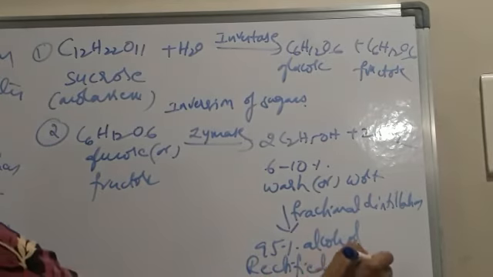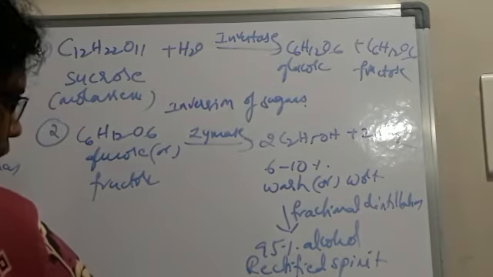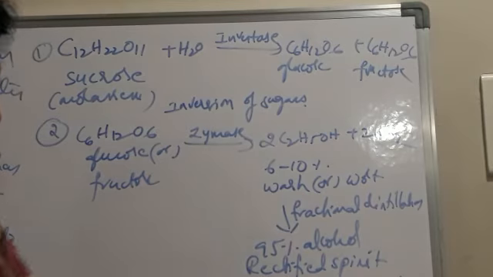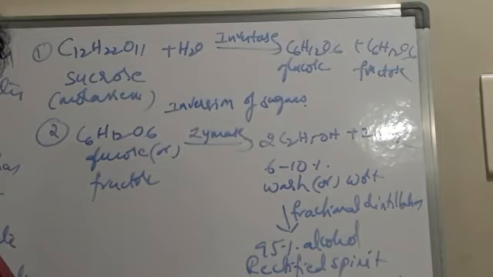Next, rectified spirit undergoes further distillation in the presence of calcium oxide, and here we get 100% alcohol. This is called absolute alcohol.